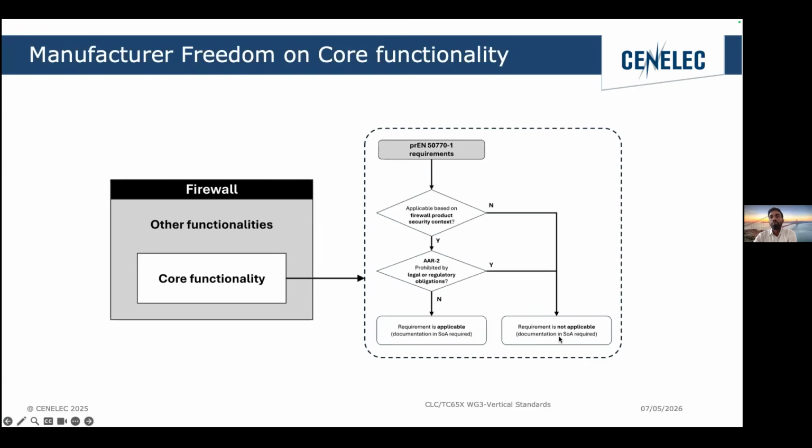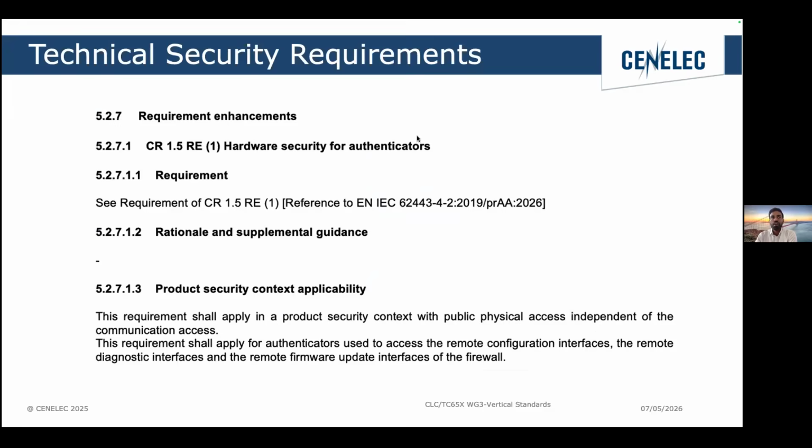Then you come up with a list of applicable and not applicable requirements. This is the only freedom I have for the functionalities. Other than that, the manufacturer is obliged to implement all the requirements based on the core functionalities. But there are also other functionalities. For the other functionalities, the manufacturer is able to do the complete applicability process.